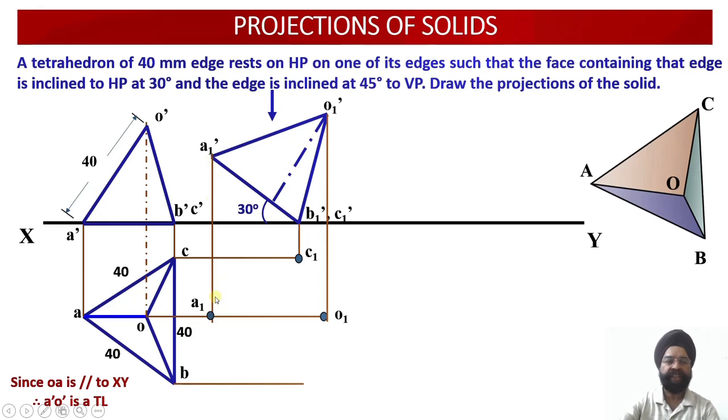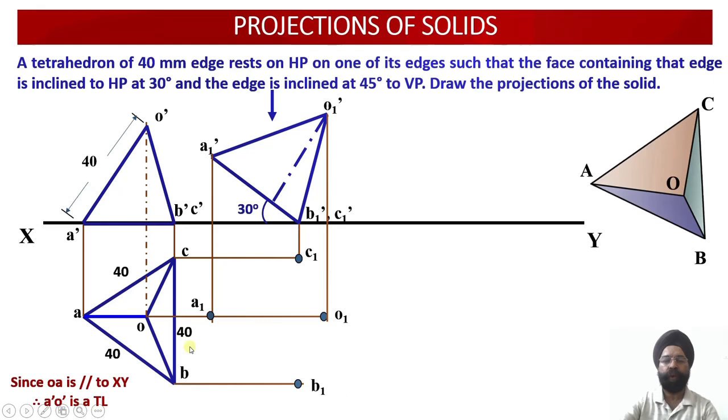Point A1 dash projector downward, point A projector should be drawn horizontally. Similarly, point B. You drop the point B projector from B1 dash, and wherever it intersects with the projector of B, you get point B1, right? So this way this line is projected over here.